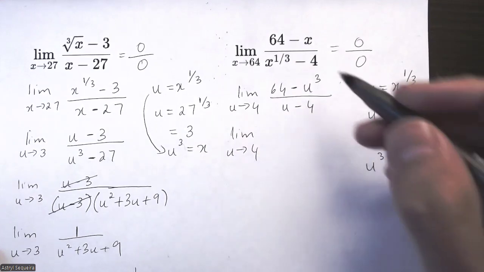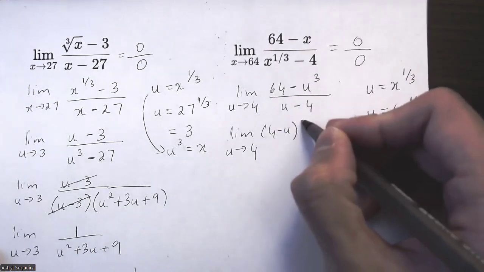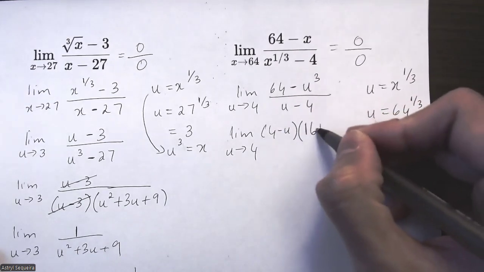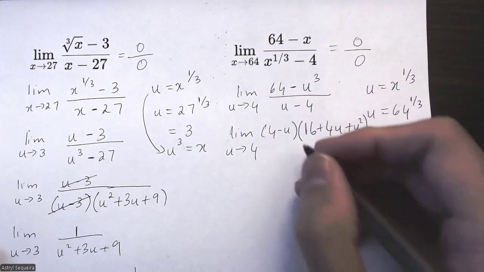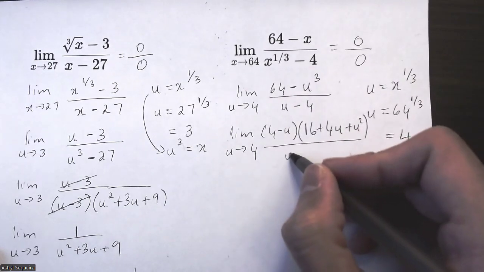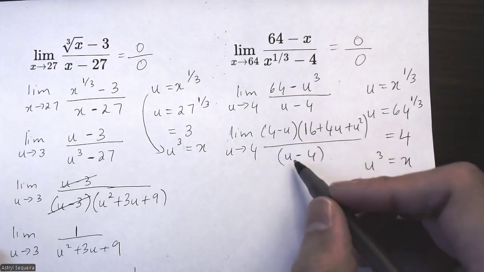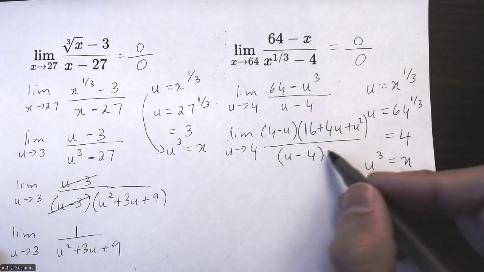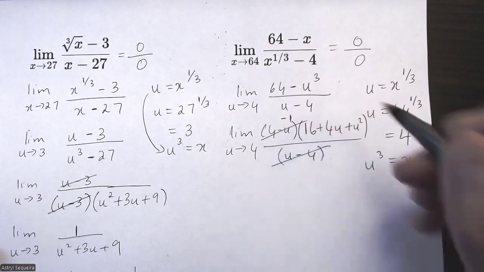Let's go to the second step, which is factoring. Again, difference of cubes over there. Not going to explain it. And now over here, I have 4 minus u and u minus 4. Those are not exactly the same. When I cancel those off, I'm actually left with a negative 1.